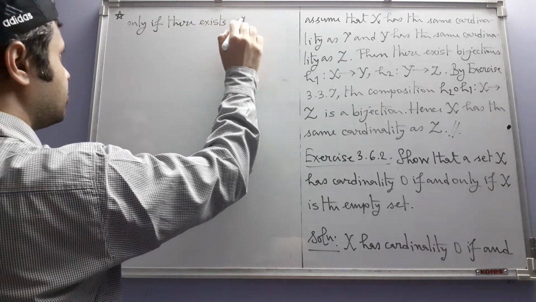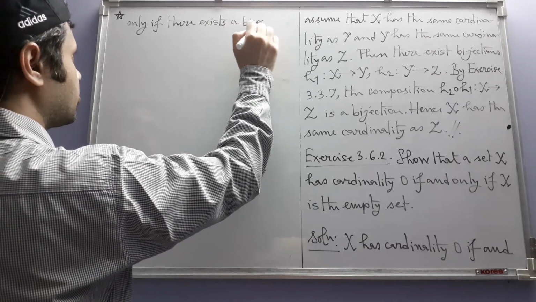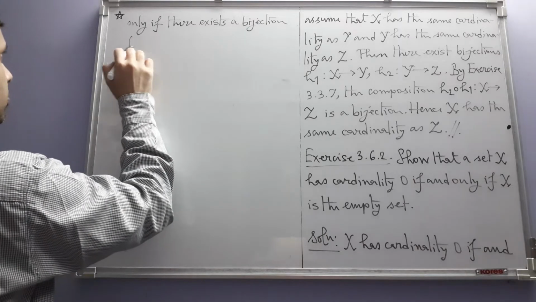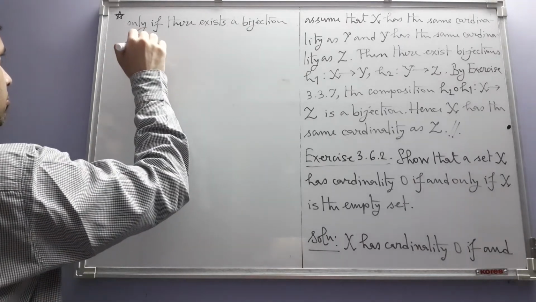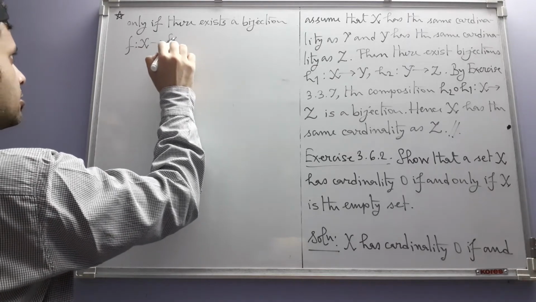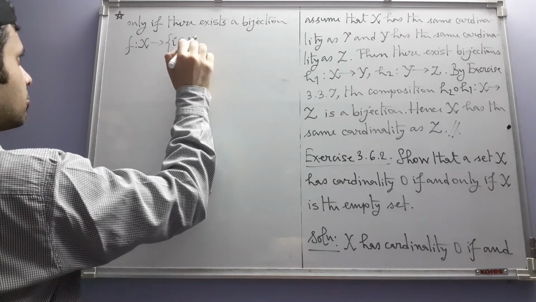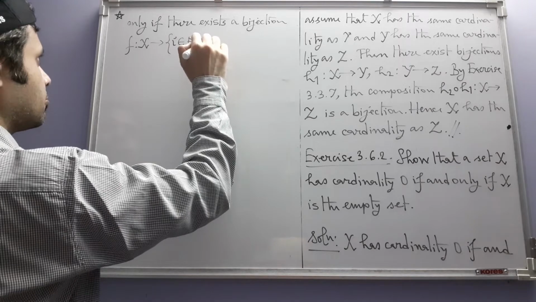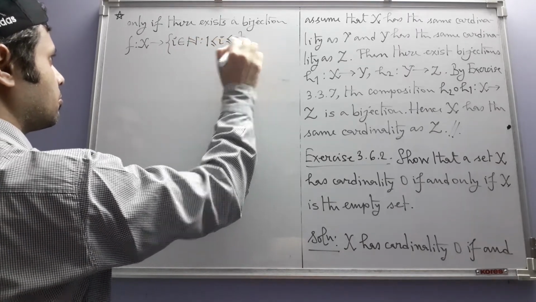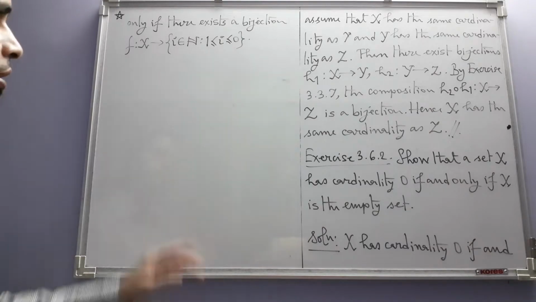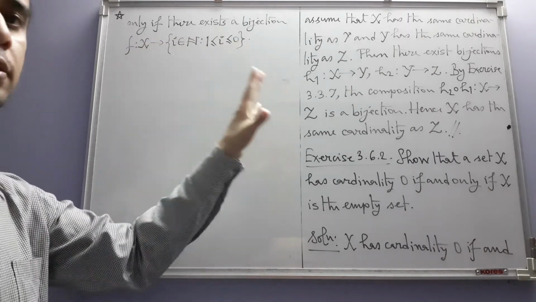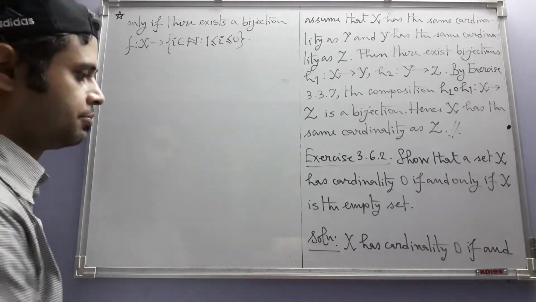If and only if there exists a bijection between X and this set. That's what X being of cardinality 0 means.